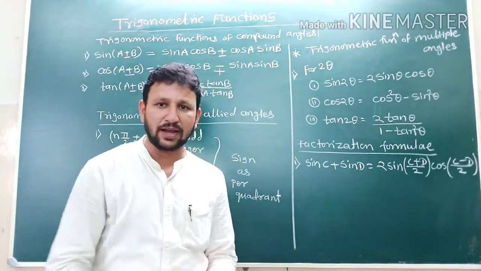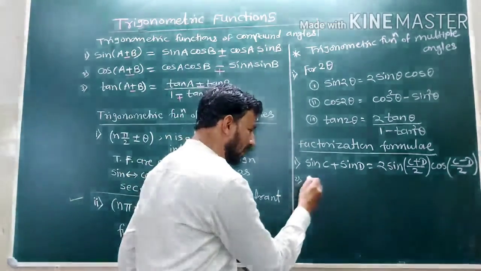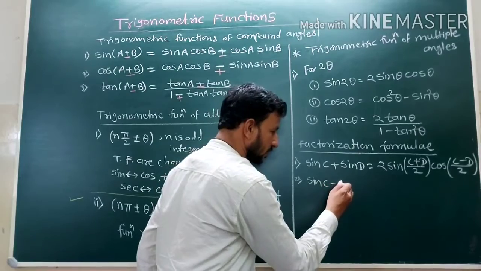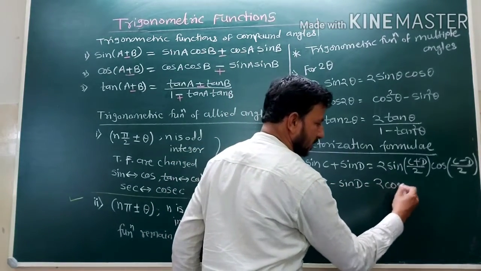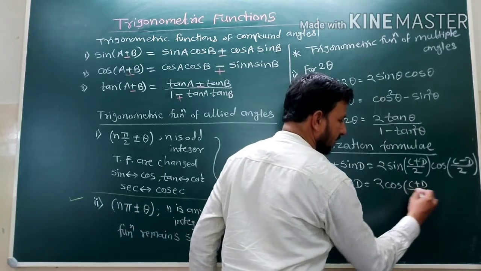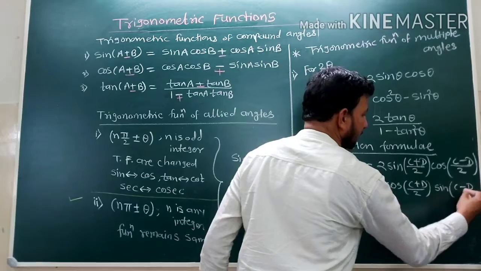See the next formula for the difference of functions: sin C minus sin D is 2 times cos of C plus D by 2 into sin of C minus D divided by 2.